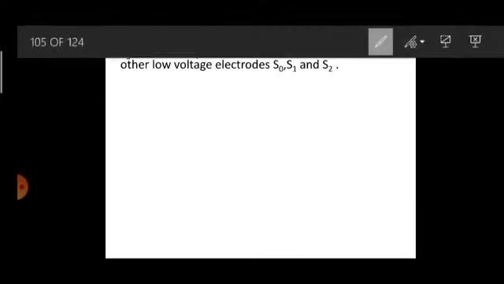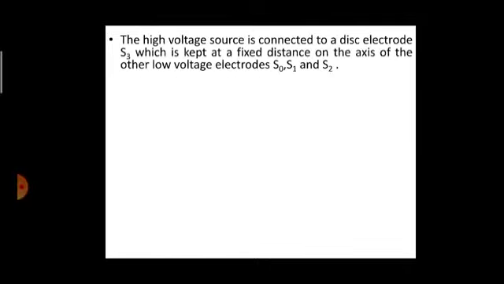So as I said, it is kept at a fixed distance on the axis of the other low voltage electrodes S0, S1 and S2. The rotor S0 is driven at a constant speed n by a synchronous motor.